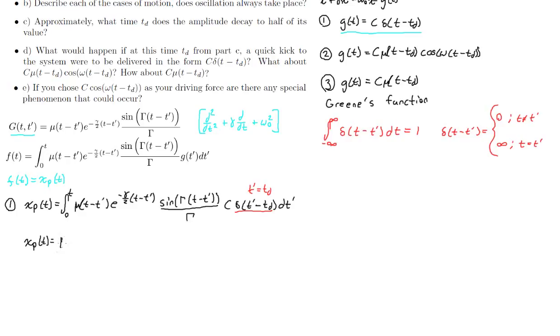So we're going to have mu of t minus t sub d, exponential of minus gamma over 2 times t minus t sub d, times c, times sine of gamma times t minus t sub d, over gamma, and then times the integral from 0 to t of delta of t prime minus t sub d dt prime.